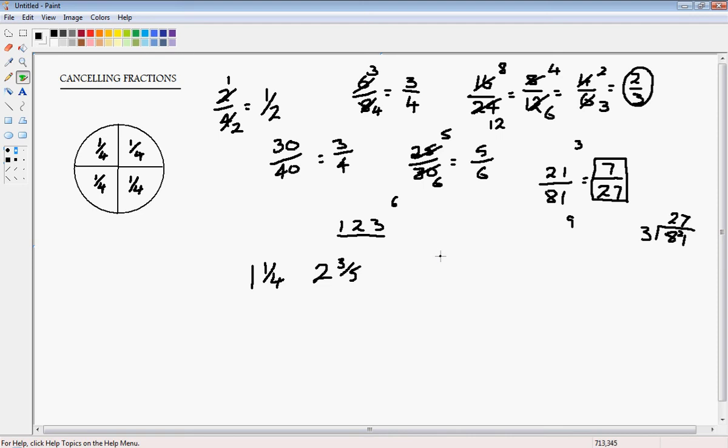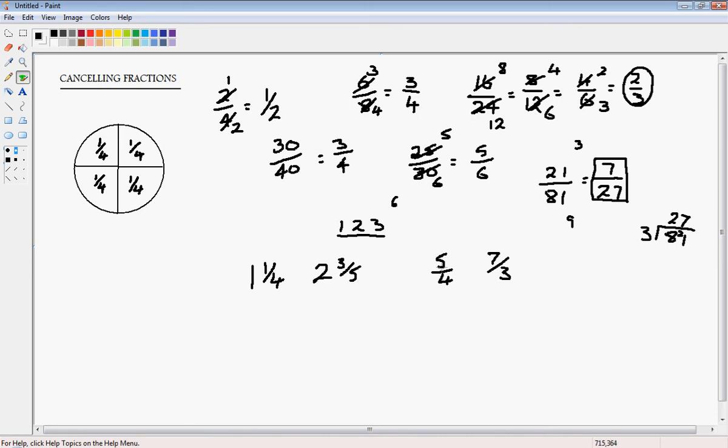Now improper fractions are something like 5 over 4, okay, or 7 over 3. Now they're what we call top heavy fractions. The top number is bigger than the lower number. Okay, 5 is bigger than 4, 7 is bigger than 3.